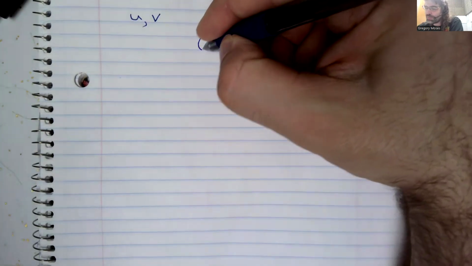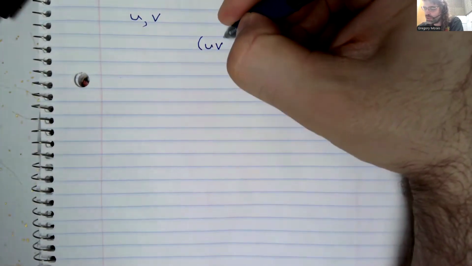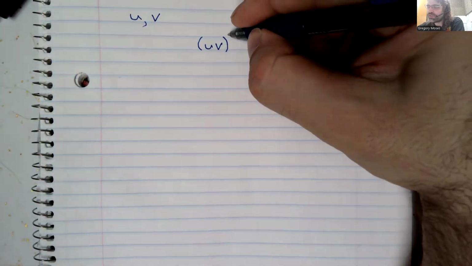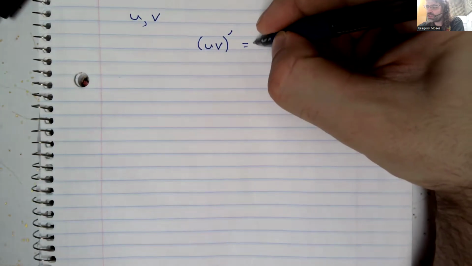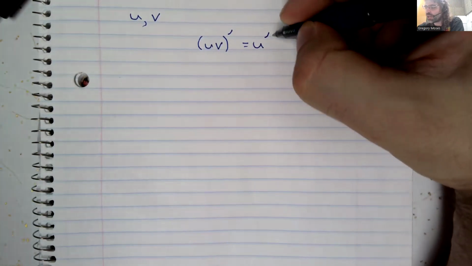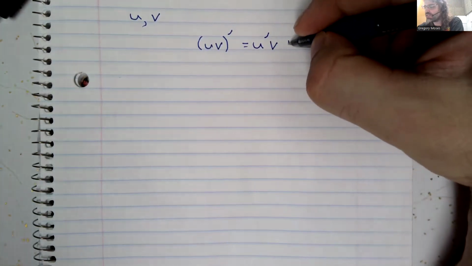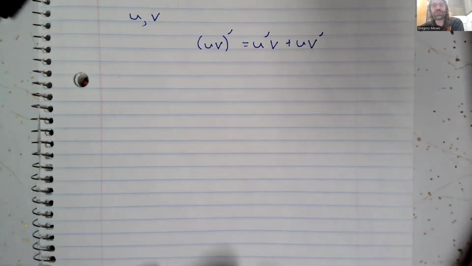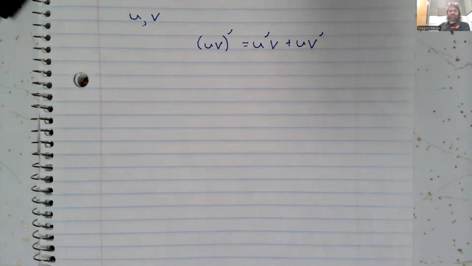Again, I don't know what the history behind it is, but I do know that the derivative of u times v is the derivative of u times v plus u times the derivative of v. And this is the product rule.